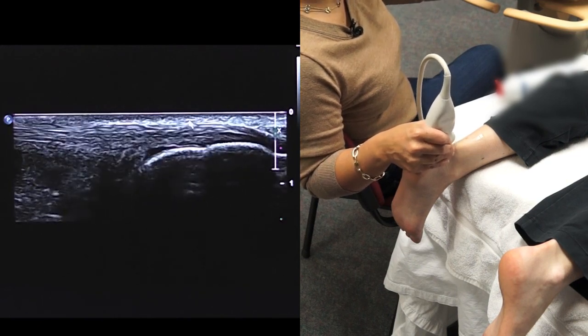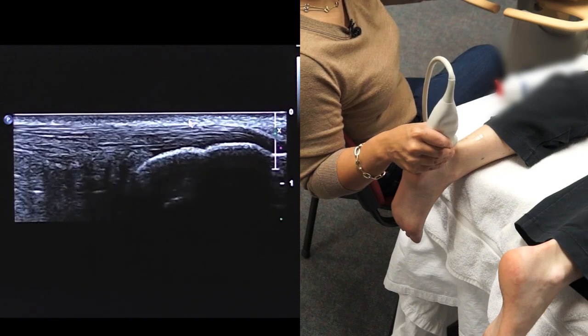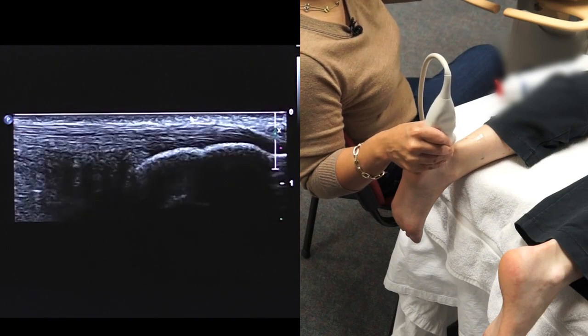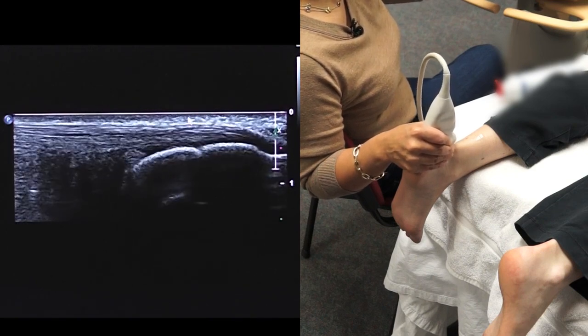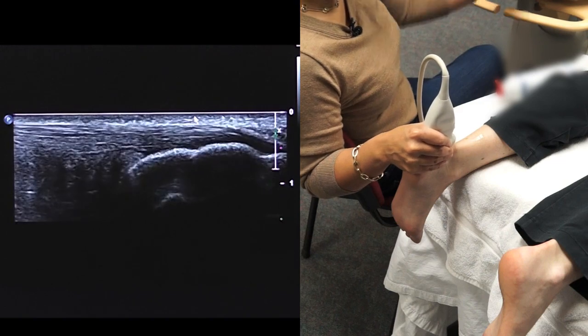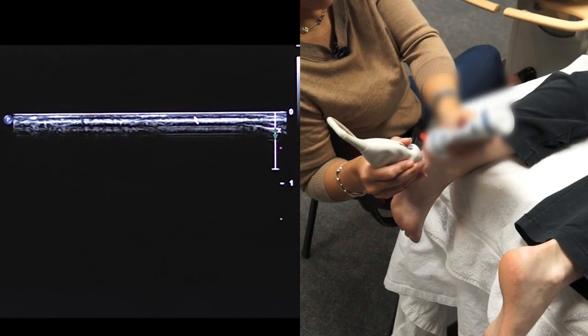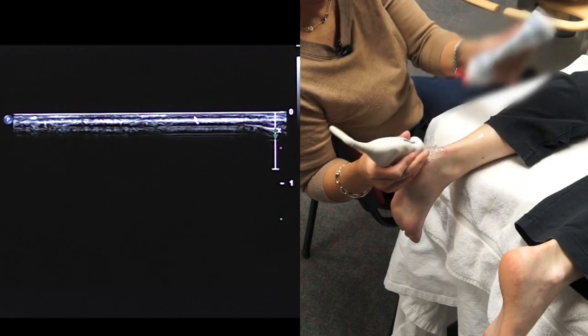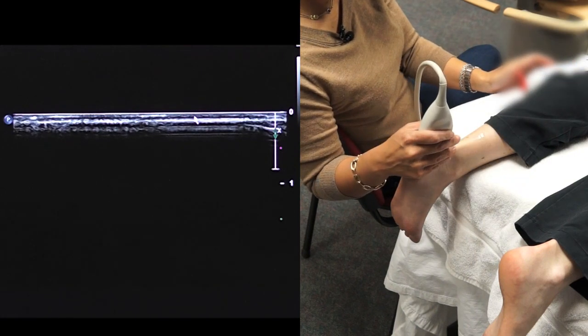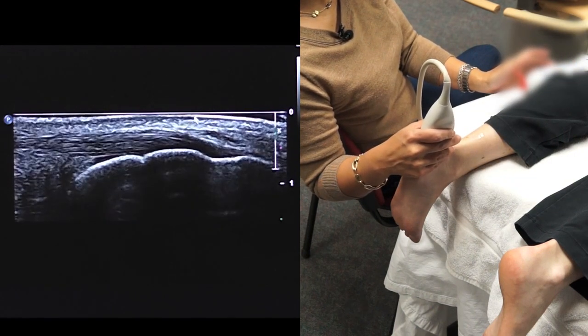And again, if you're scanning a superficial structure, you may not want to scan with a heavy hand because you could obliterate the bursa and miss it during your scan. So one way around this is to heap up the gel and scan with a very light hand.